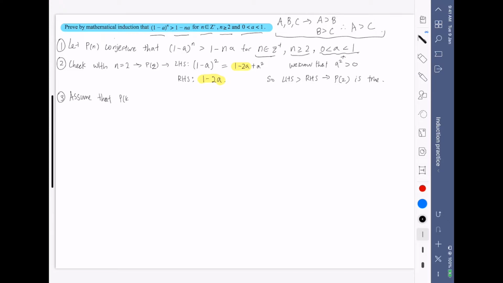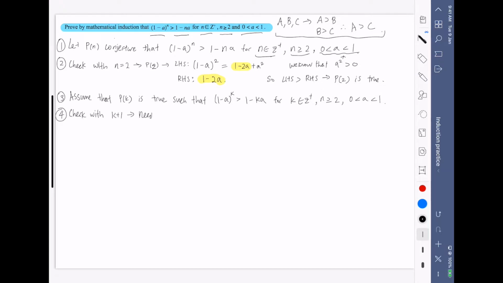Okay, now since we tested that this is true, let's go on with assuming that P(k) is true, such that (1 − a)^k is greater than 1 − ka, for k being a positive integer, k greater than or equal to 2, and a lies in between 0 and 1 again. Alright, let's go on with the induction step and check with k + 1.